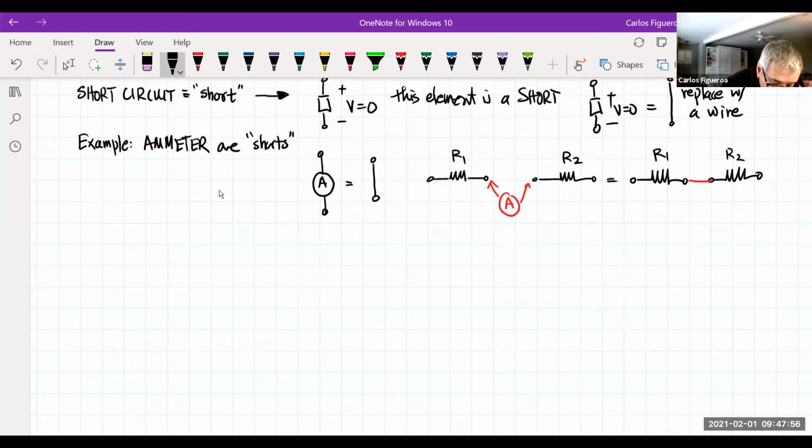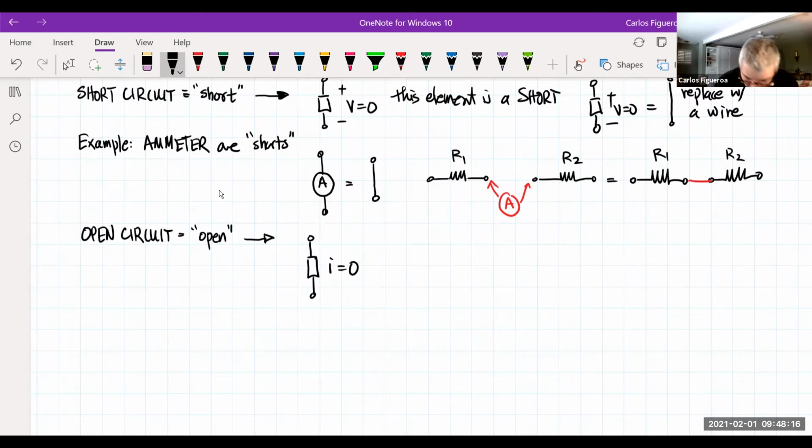On the other hand, if you have an open circuit, which is typically called an open, what you're finding is that you have literally set this up in such a way that the current is 0. So if we have a current that's behaving like this, then we say that this element is open.